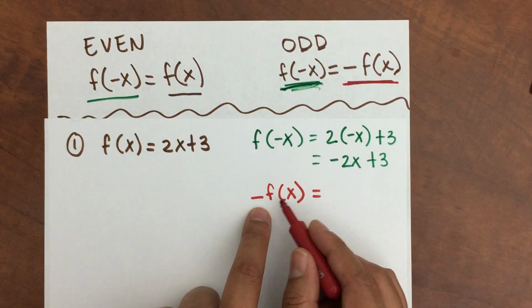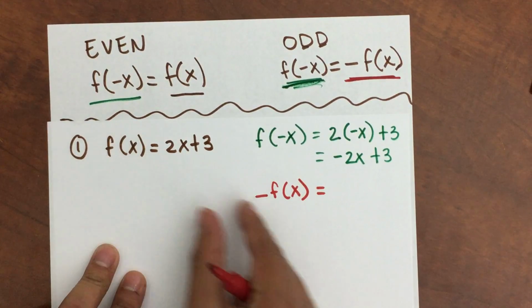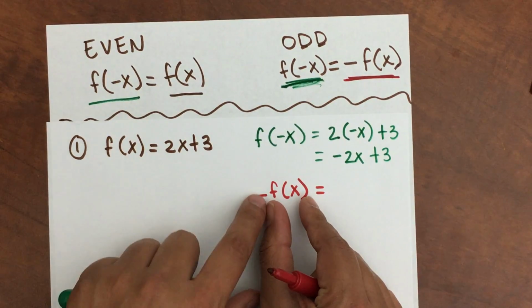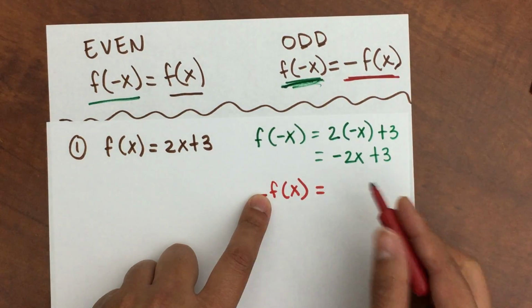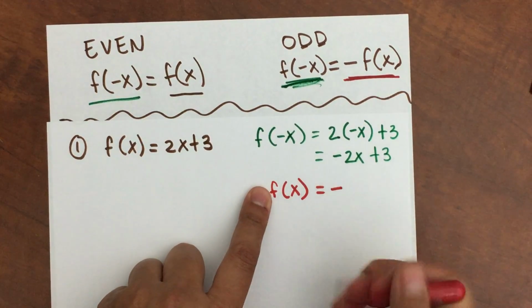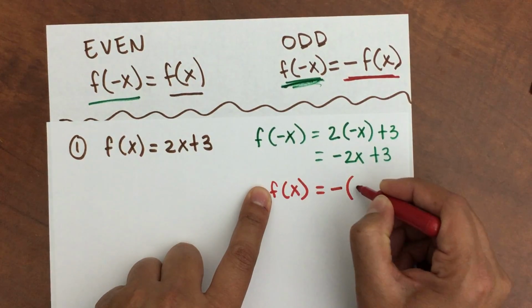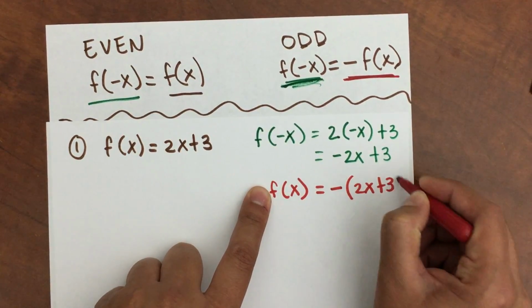So what does negative f of x mean? It means that you're going to get f of x and multiply that f of x by negative 1, or just by the negative. So we put negative, we take it along, and now we're going to write f of x, which is 2x plus 3.